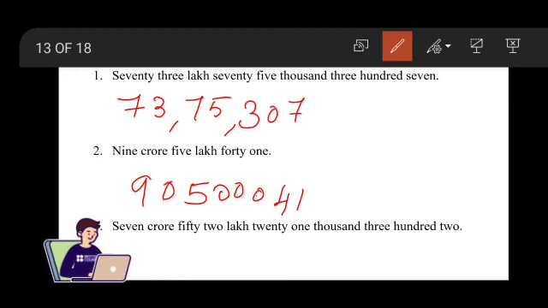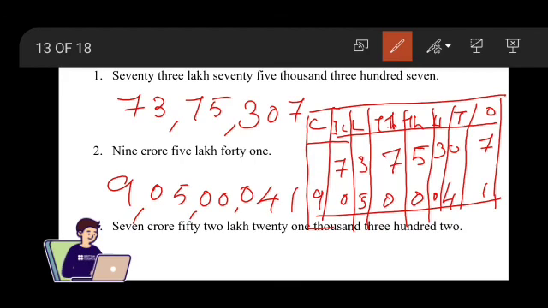So we are representing them by 0. First 3 digits we have to skip, then 2 digits, again 2 digits. According to their place values, we will be separating them and inserting the comma.